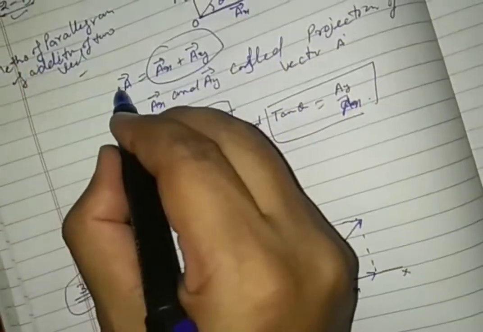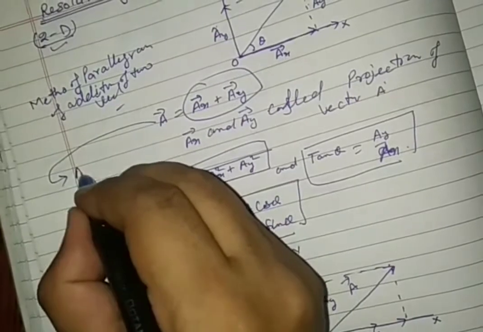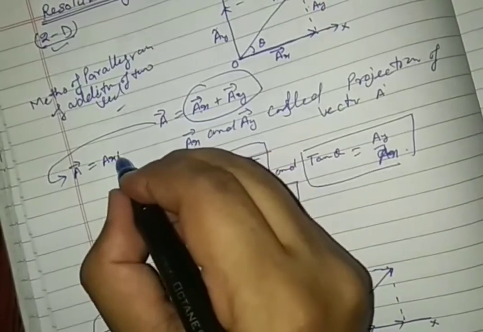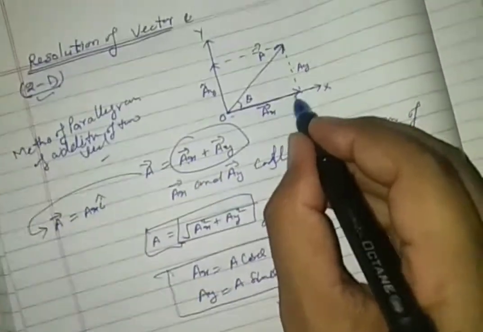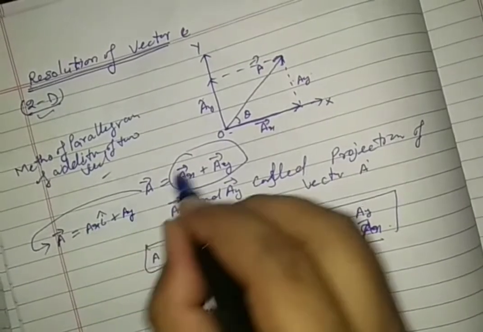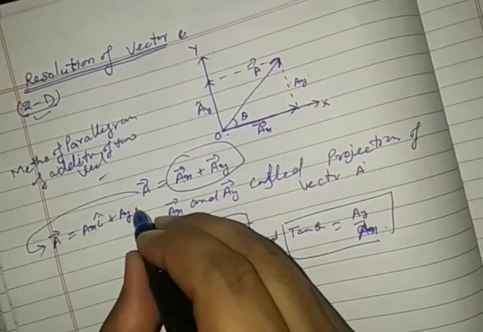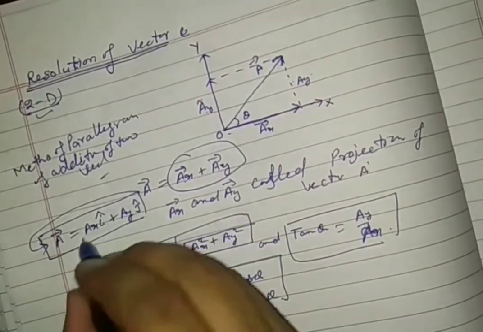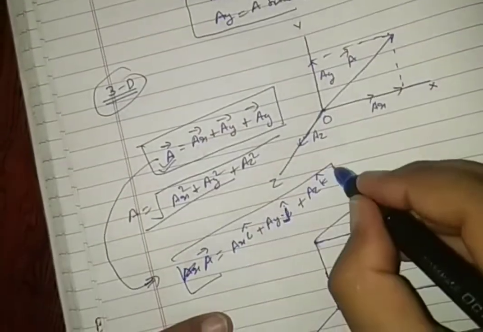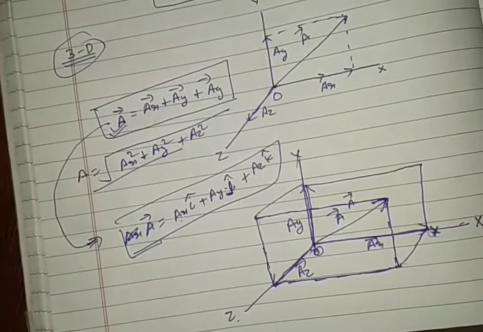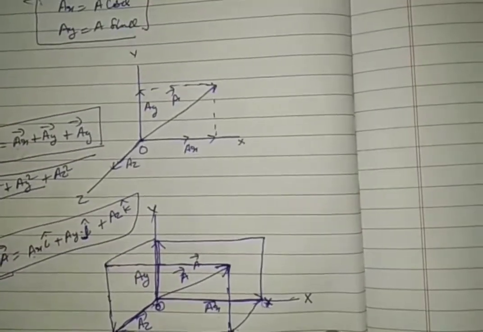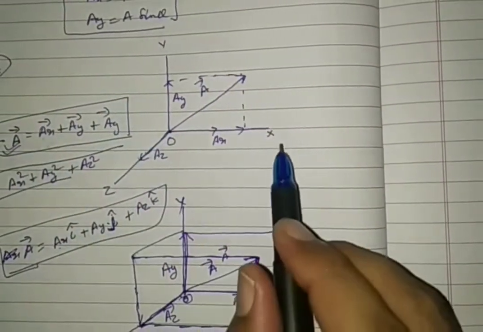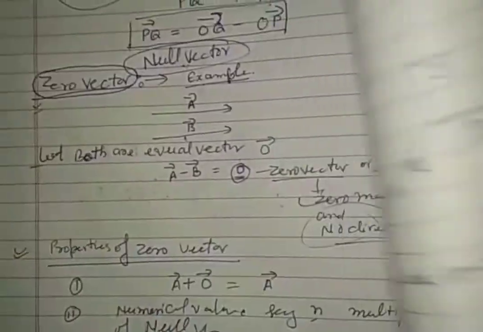Similarly, in the case of 2 dimensions, we can also represent vector A as its component Ax into the unit vector along the x-axis plus the y component magnitude Ay into the unit vector along the y-axis, that is j. See the representation in which the vector is represented in terms of i, j and k. This concept of i, j and k with the vector is important here and clear to understand, and then projections and others.